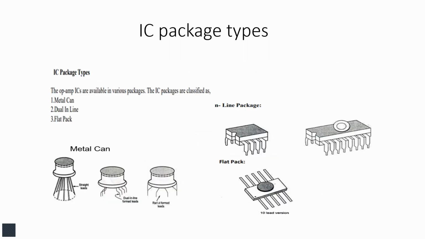Coming to the IC packages, these are available in three different forms: the metal can, the dual-in-line package, and the flat pack. For the metal can, we can take the example of discrete transistors, such as BC107. The dual-in-line package means the pins are arranged on either side of the IC.